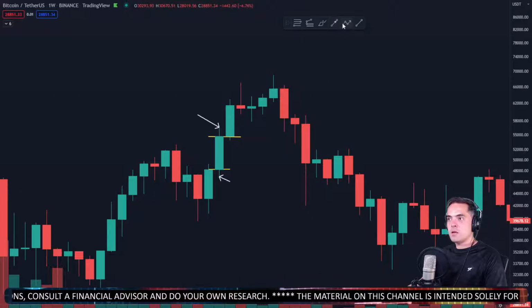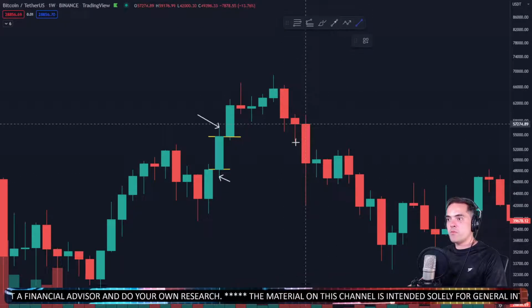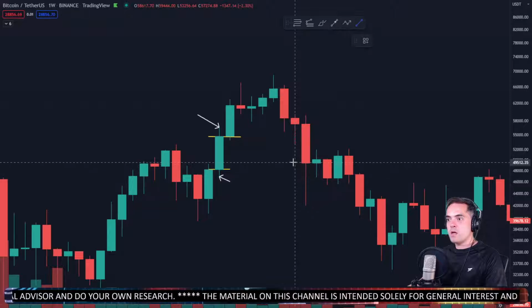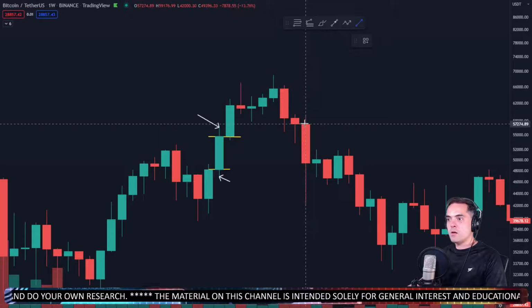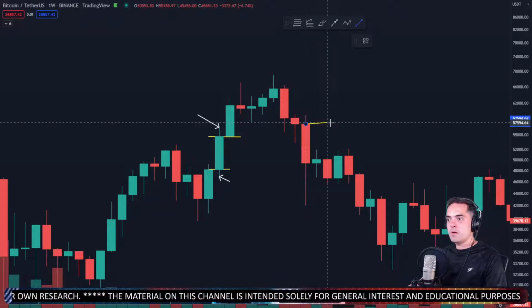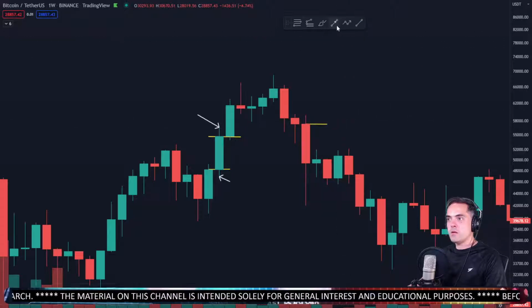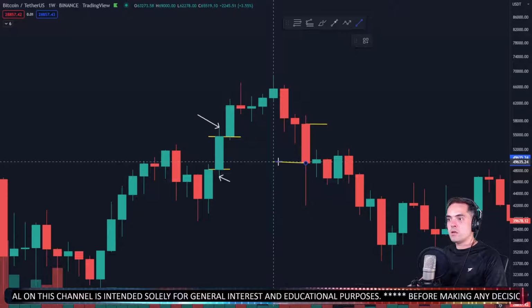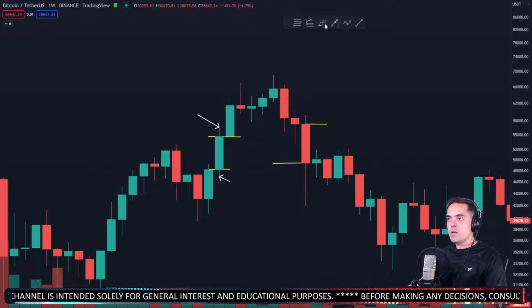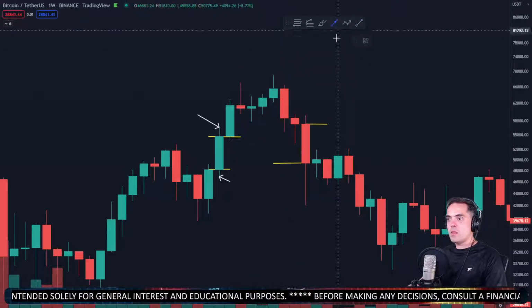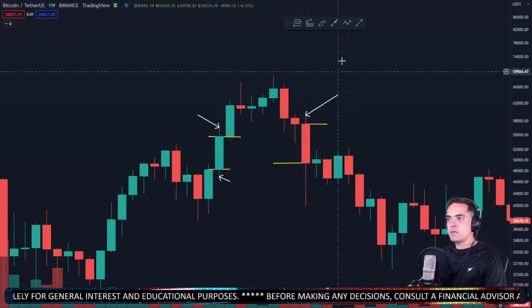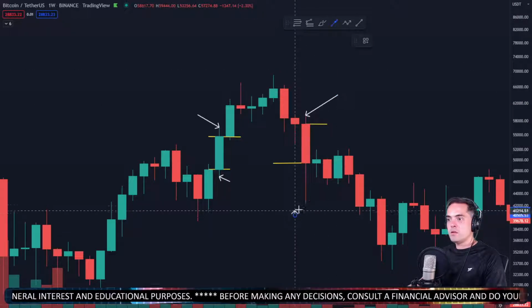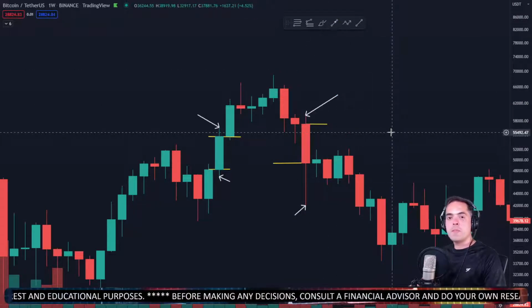This is almost the same for the red candle. We're gonna have the opening on the top, then we have the close here, and then the maximum price, and finally the minimum price for that week.